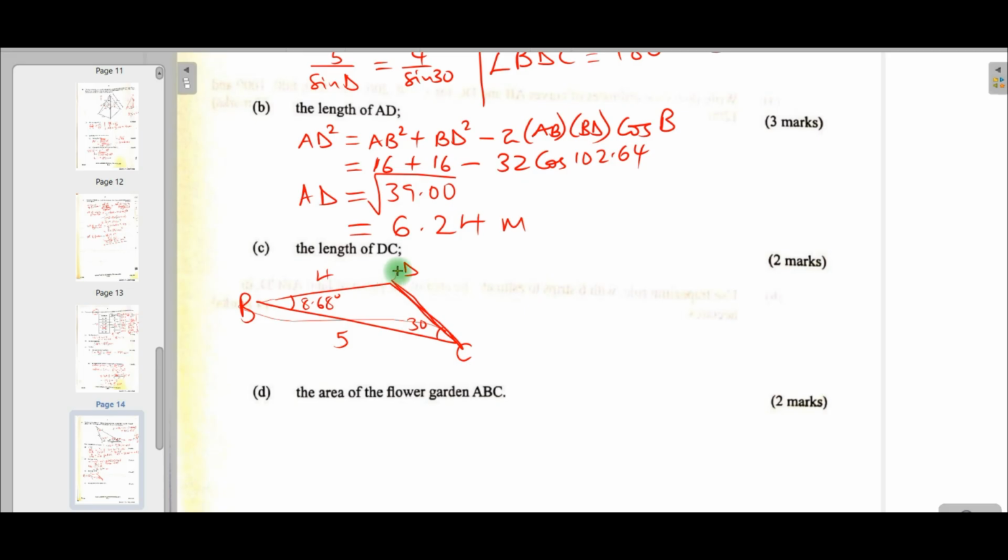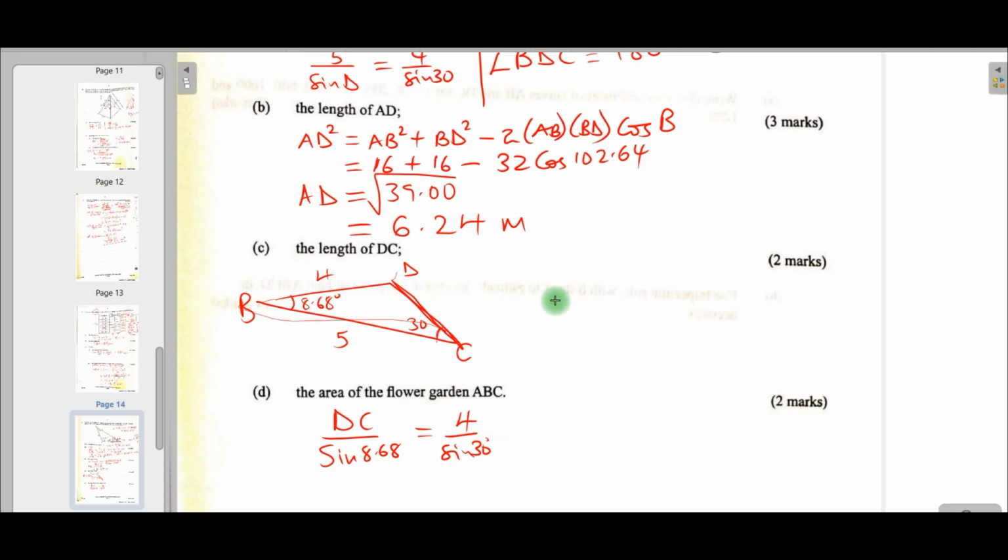So again, we are going to use sine rule, and therefore the length DC over the angle opposite DC, which is 8.68, so over sine 8.68 will be equal to the side opposite the other angle, that is 4, over sine 30.